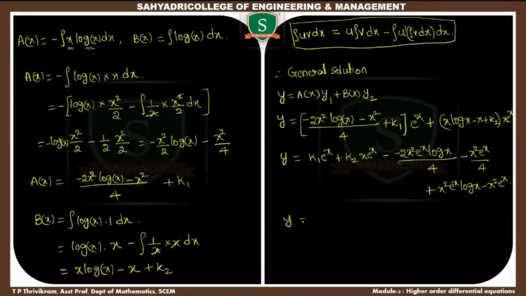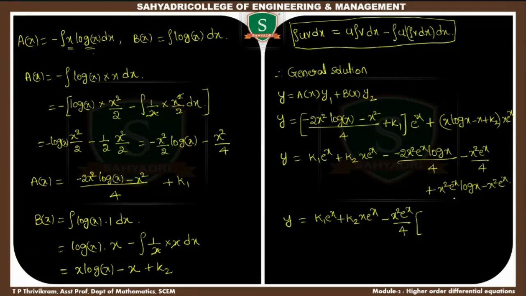So y is equal to k1 e power x plus k2 x e power x minus, if you take x square e power x divided by 4 common, what happens? Here 2 by 4 minus 2 by 4 plus 1. What is the value?